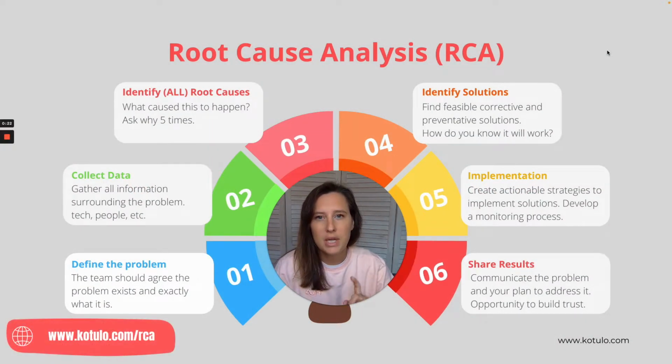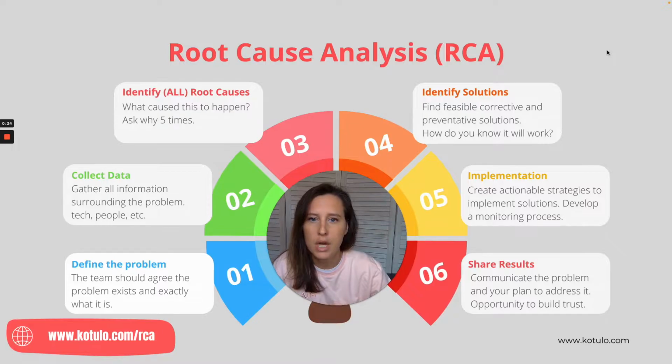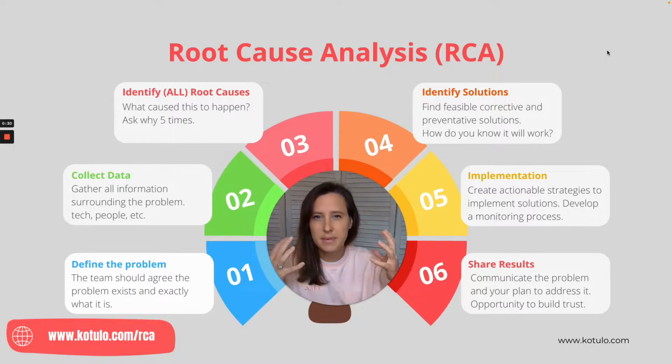So first I want to talk about when a root cause analysis, or an RCA, is appropriate. Usually you want to do one of these when something substantial has happened, a problem has arisen, or something bad has happened that negatively affects your community.